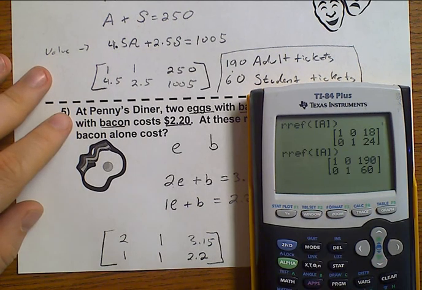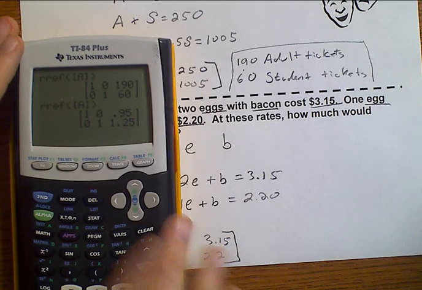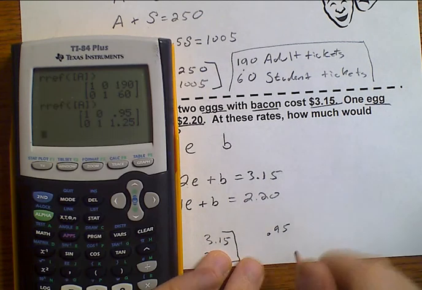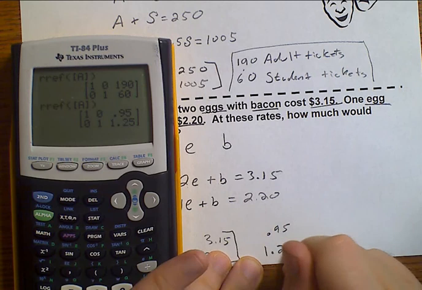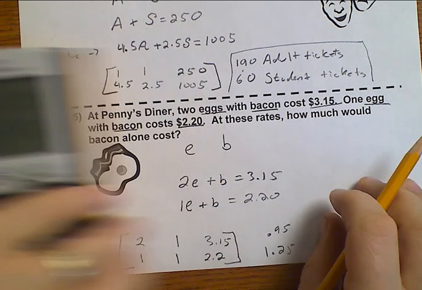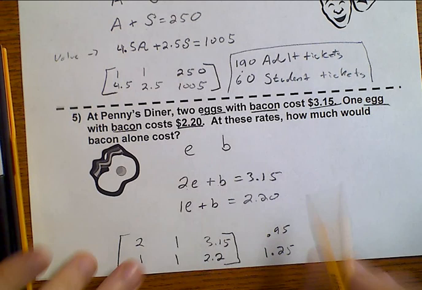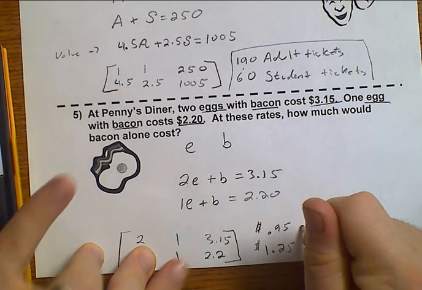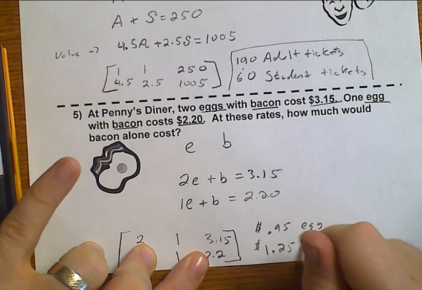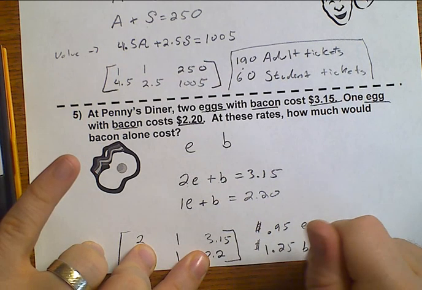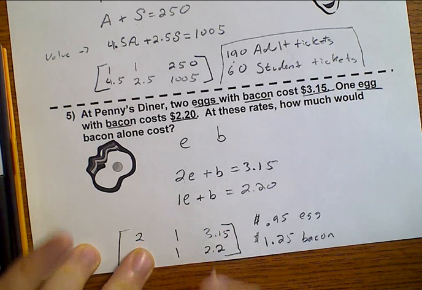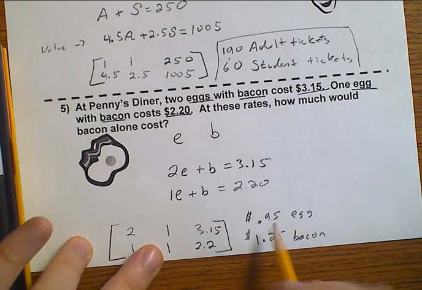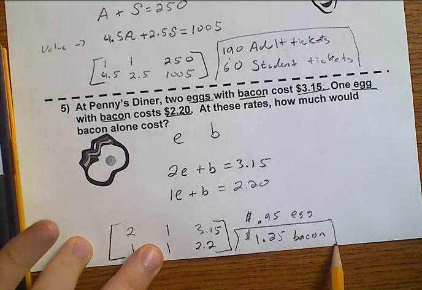Do my reference, and I get 0.95 and 1.25. Okay, well these are the costs, so I'm going to go ahead and put dollar signs. This is the cost of an egg, and that's the cost of bacon, because eggs came first, so they're first. Bacon came second, so it's second. And we only care about the bacon.